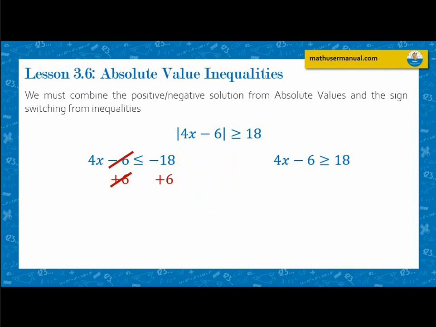Now we do the operation. Negative 18 plus 6 is equal to negative 12. Then we take care of the 4 that is multiplying the x by dividing both sides by 4. The 4's cancel on the left, and on the right we have negative 12 divided by 4, which is equal to negative 3. So x is lesser or equal than negative 3 on the left side.